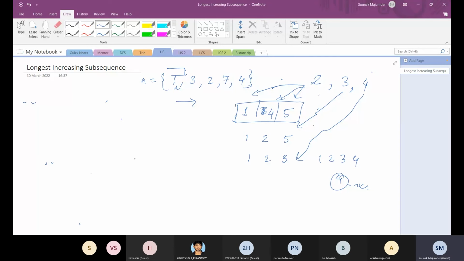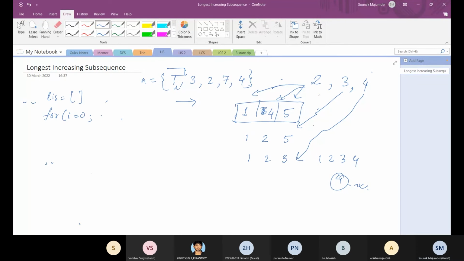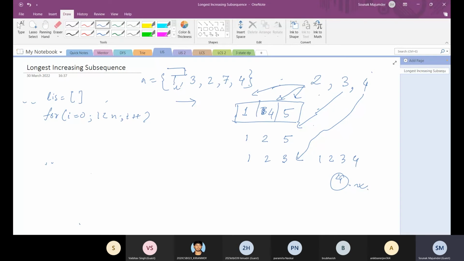So how will we code that? Let's say the longest increasing subsequence is a list. For I equals to 0, I less than n, I plus plus. Now here, instead of searching the entire thing, the idea is that the longest increasing subsequence is an increasing subsequence.